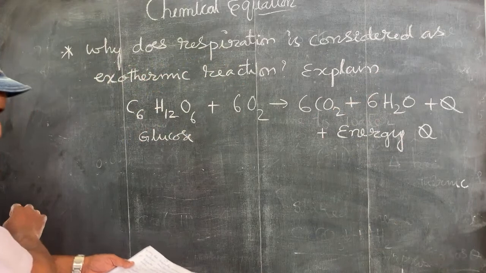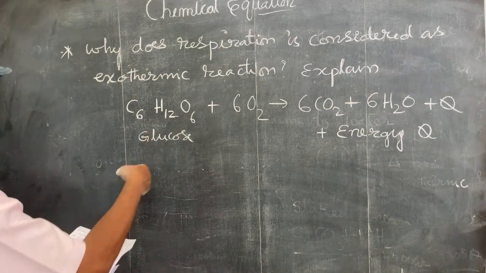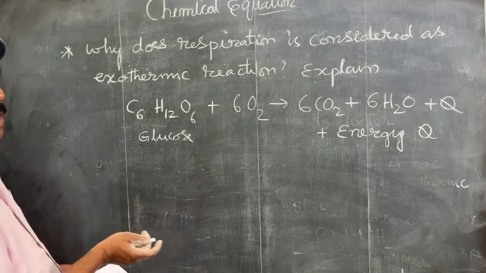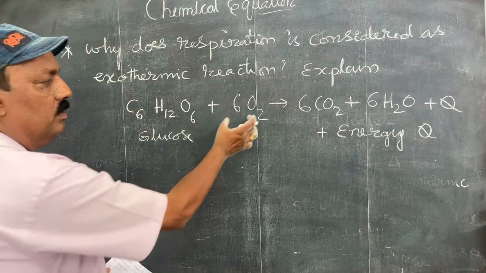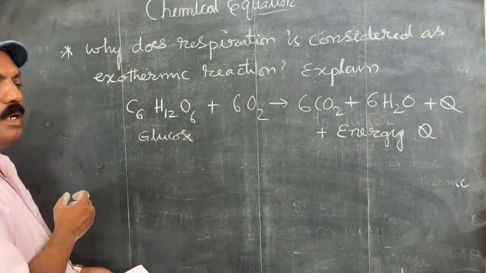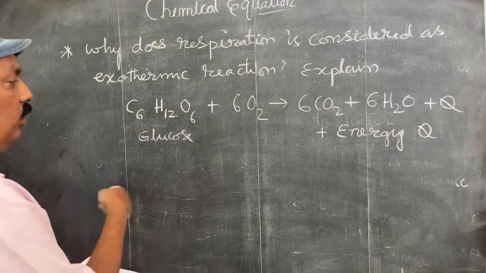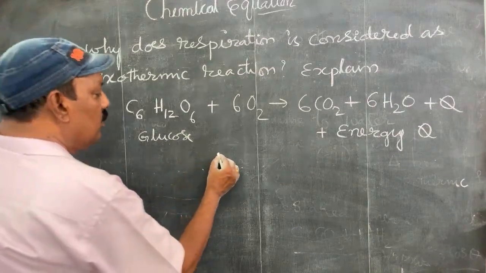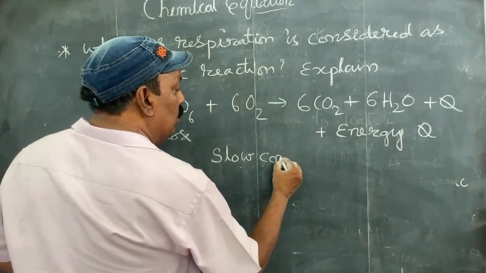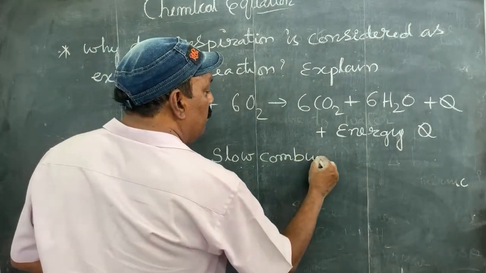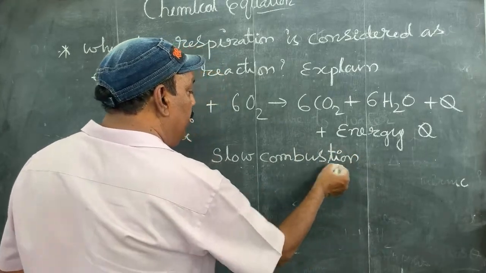So now here, whenever starch enters our body, it breaks down into simple glucose, and this glucose undergoes slow combustion. Combustion is the burning of any substance without any flame.